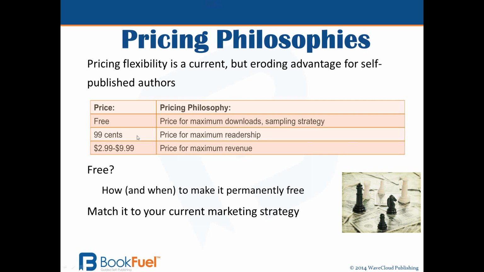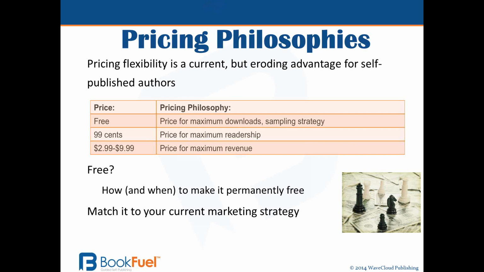The next strategy for pricing is to make your book 99 cents. Mark Coker of Smashwords, he's a good guy, and he is so nice. He shares a tremendous amount of data because they sell a lot of ebooks through Amazon and through their own store. And every year at Romance Writers Association, he gives a talk on book price elasticity.